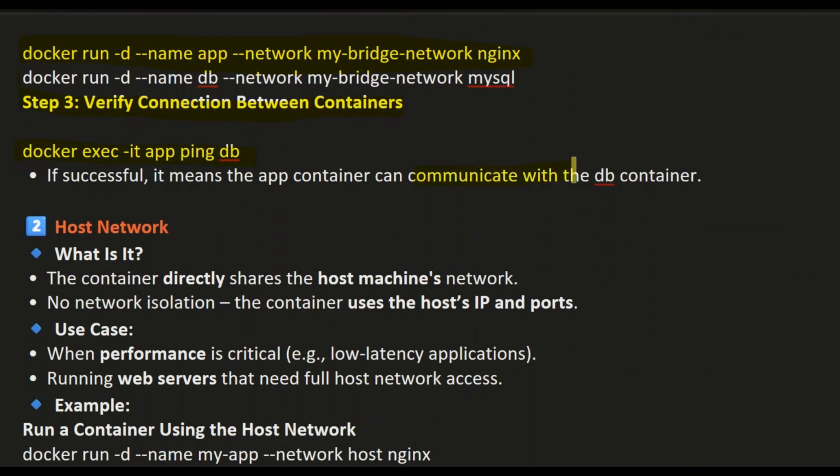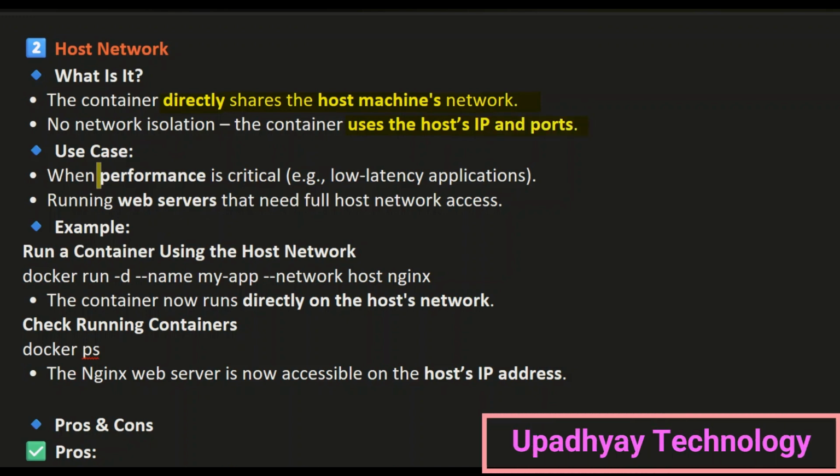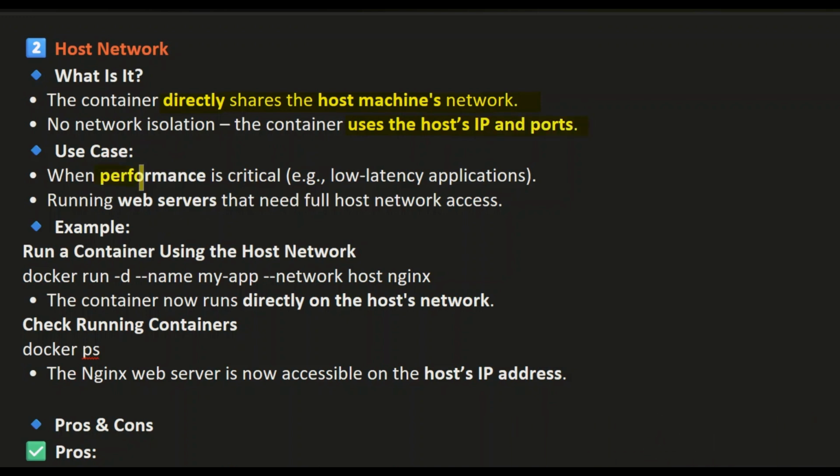2. Host network. What is it? The container directly shares the host machine's network. No network isolation. The container uses the host's IP and ports. Use case. When performance is critical, e.g., low-latency applications. Running web servers that need full host network access.